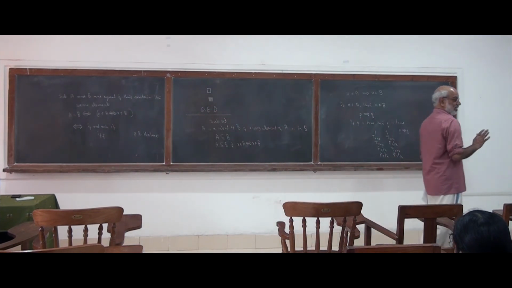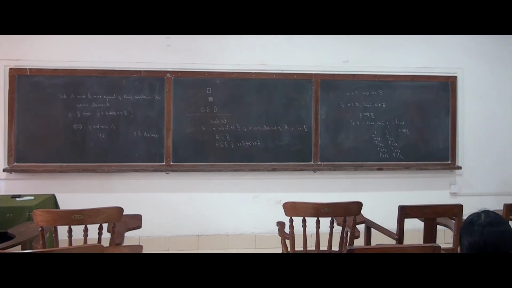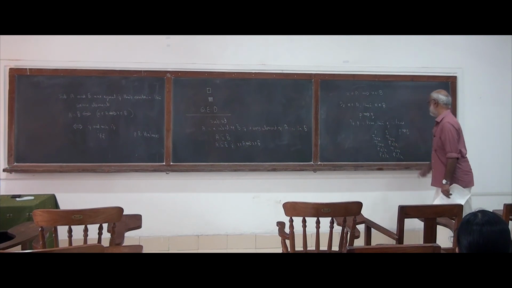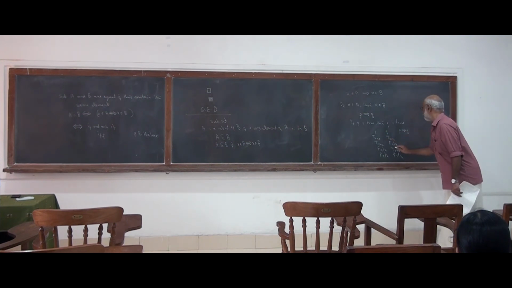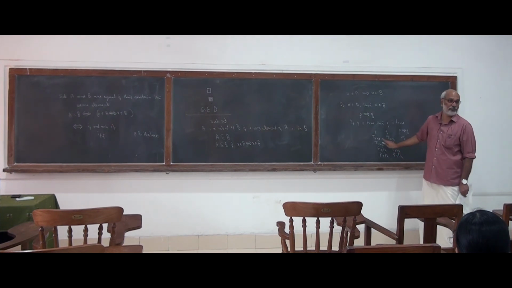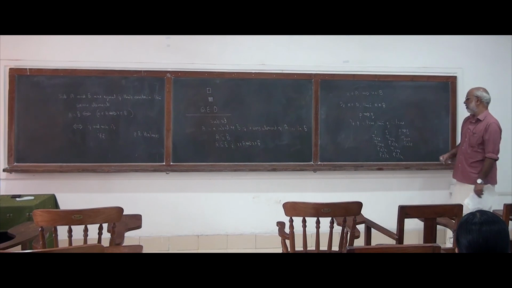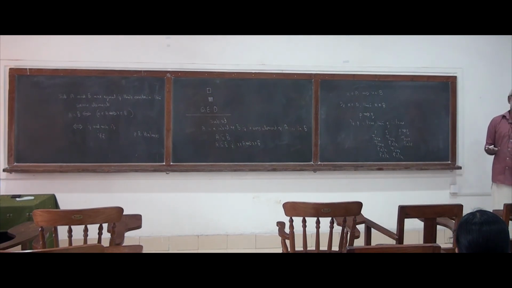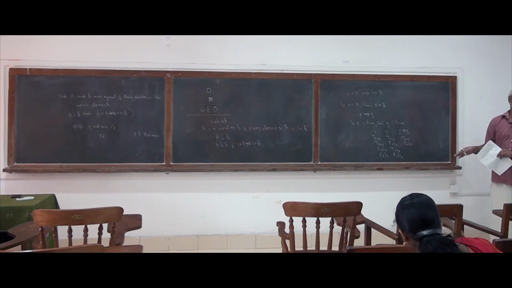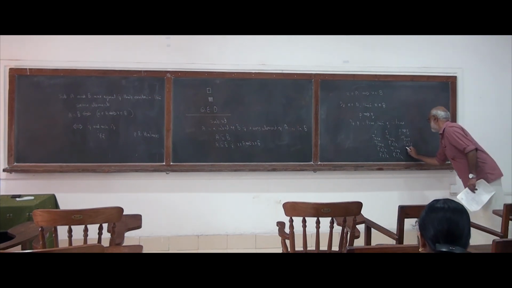The only thing we are asserting is that if P is true, then Q is true. That means P is true, Q is true, this is true. And P is true, Q is false, that is not possible because if P is true, Q should also be true. So this is false. And if P is false, we need not look at the truth value of Q. It is true in any case.